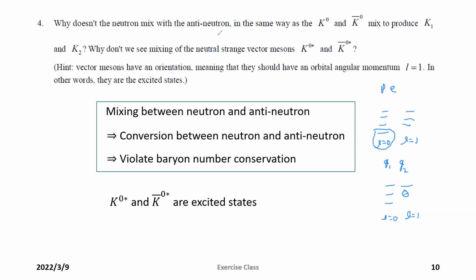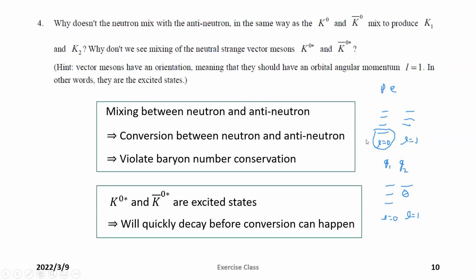So they're not stable particles. These two states will quickly decay before the interconversion can happen, and that's why we don't see the mixing between them. So that's the reason.